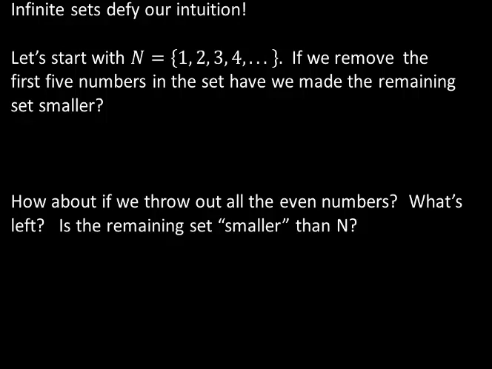If we remove, in this first example, the first 5 numbers in the set, have we made the set smaller? Well, let's see. If we remove the first 5, then what we have is 6, 7, 8, 9, 10, and so on.